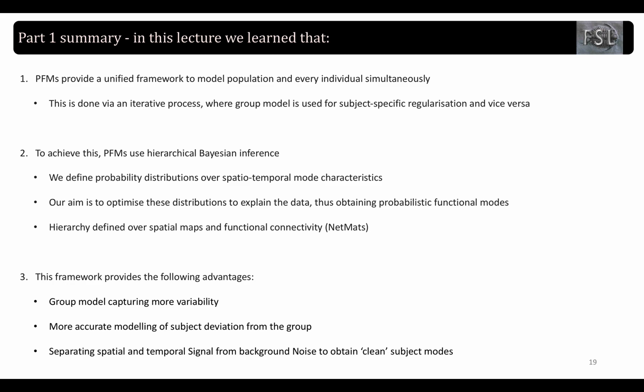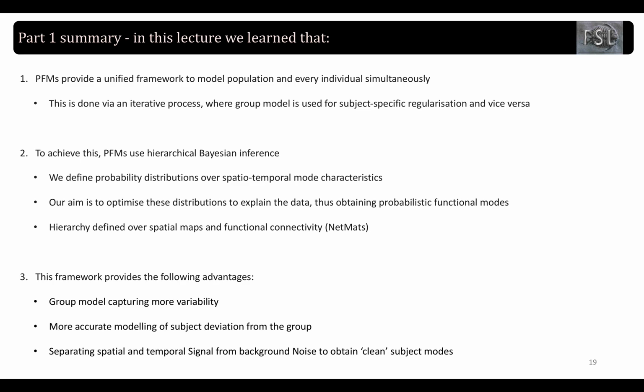By doing so, the framework offers some key advantages. Firstly, the group model, because it continuously receives updates from the subject-specific modeling, is expected to capture richer sources of subject variations. Secondly, because we do explicit single subject modeling, if some subjects are very different from the group, we should be able to accommodate that kind of deviations.